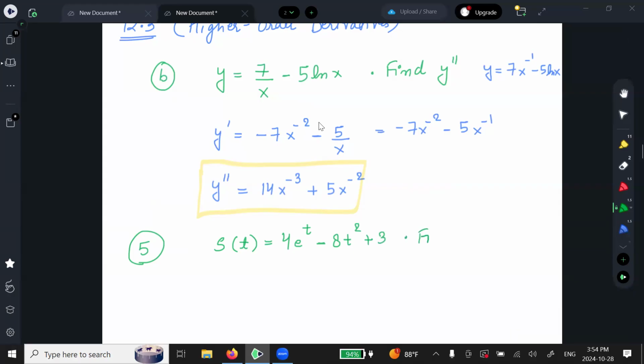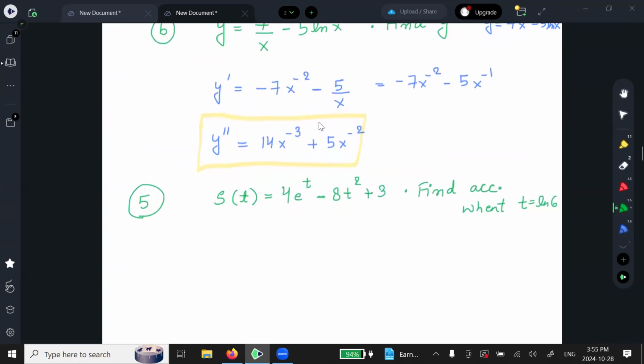And this is a very typical question you can expect. They will ask you to find acceleration at some point. In this case, they want to find acceleration when t is natural log of 6. Now units are important. I do take off marks if you don't express the units. So remember that.